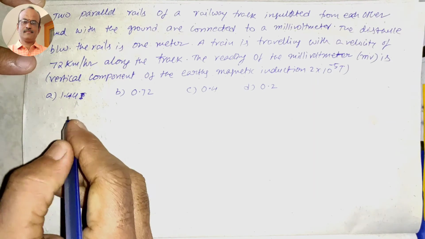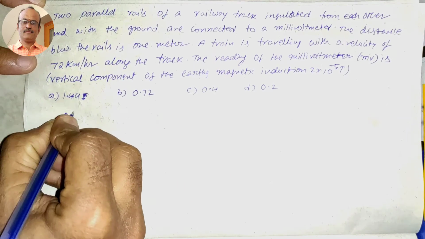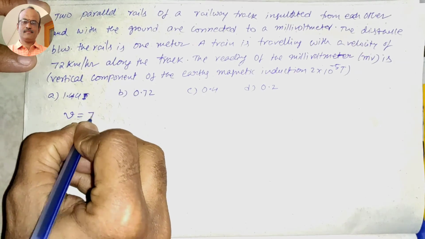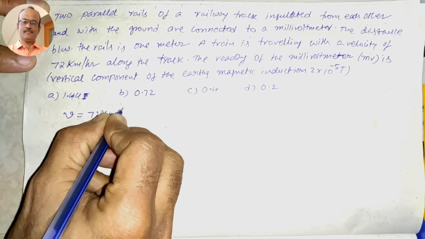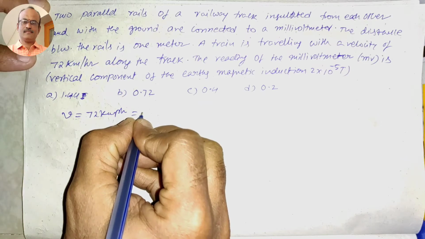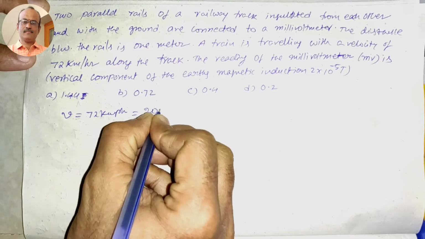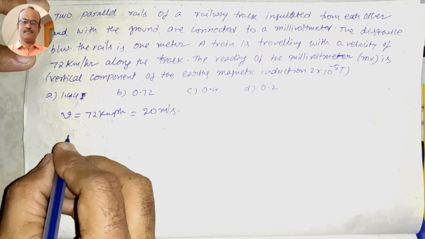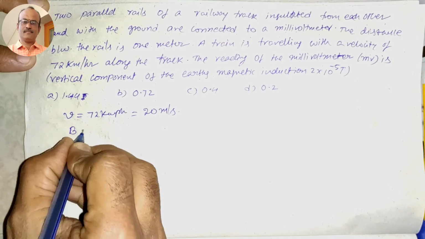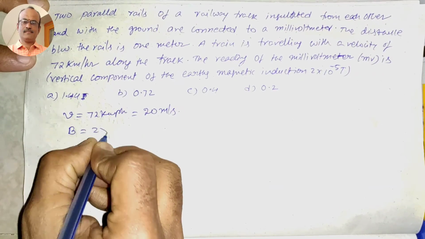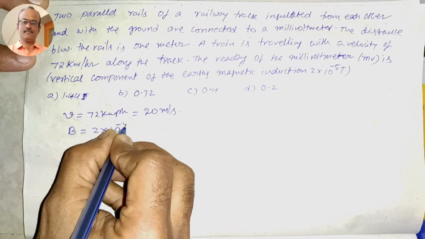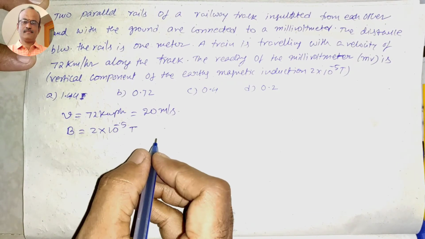So first of all, speed V is equal to given 72 km per hour, that is nothing but 20 meters per second, and also magnetic field is given 2 into 10 to the power of minus 5 Tesla.